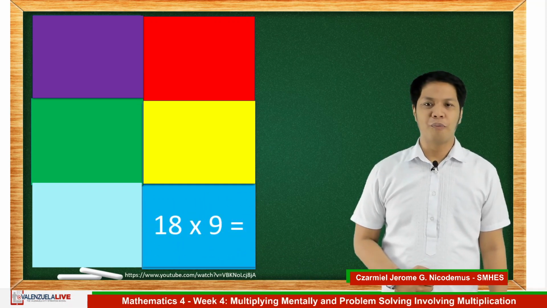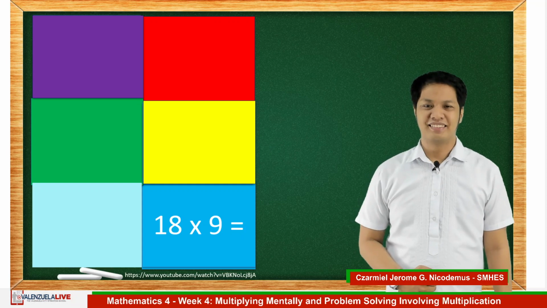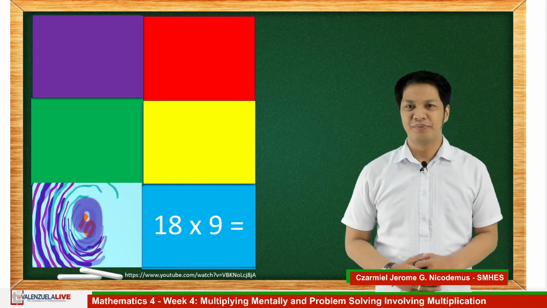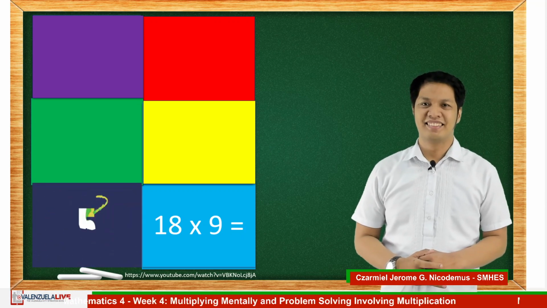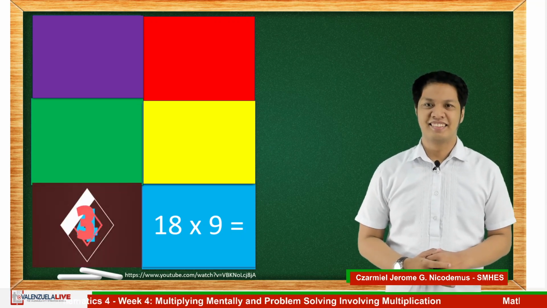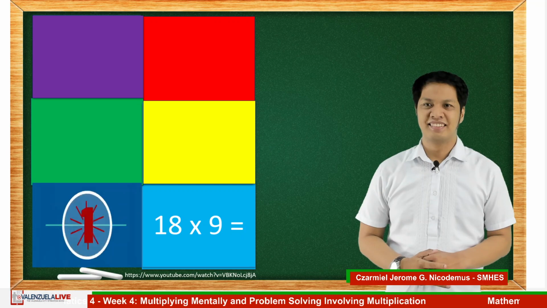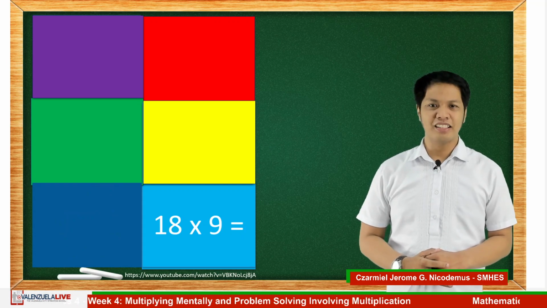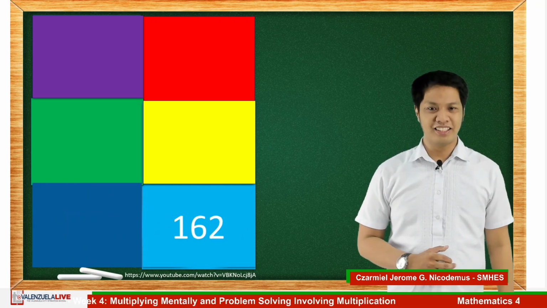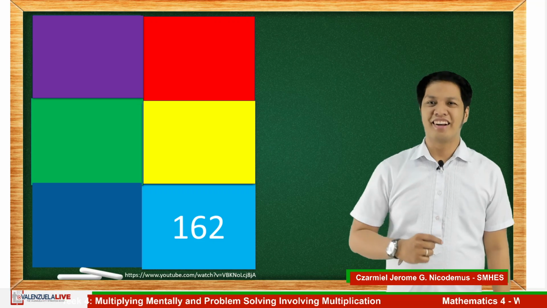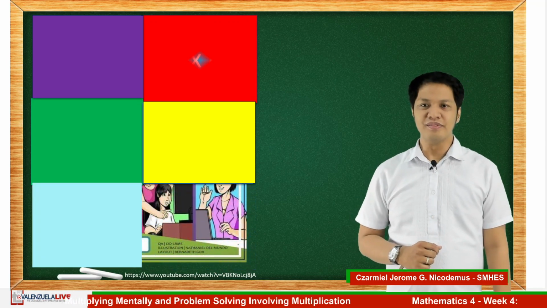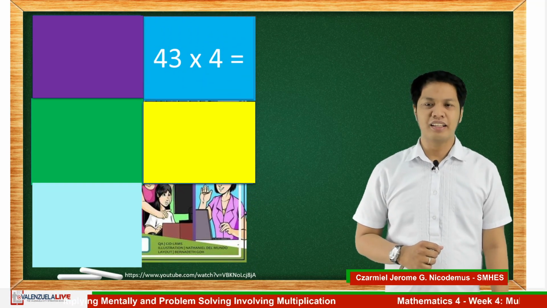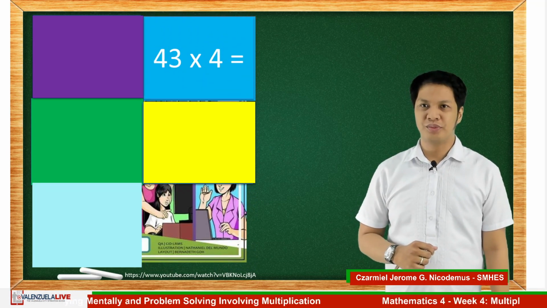What's the product of 18 times 9? Is your answer 162? That's correct. 43 times 4 is equal to?